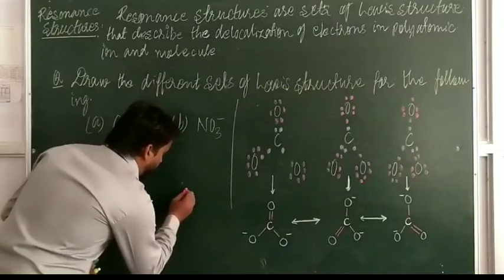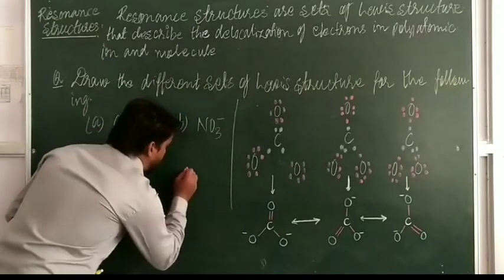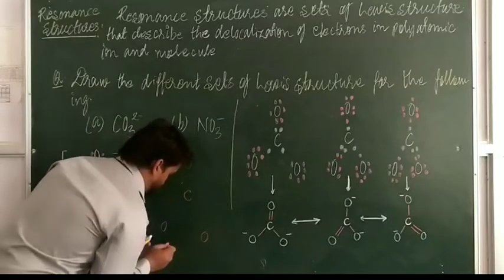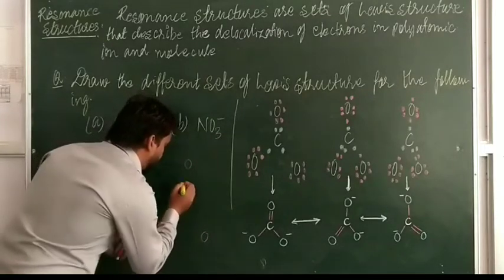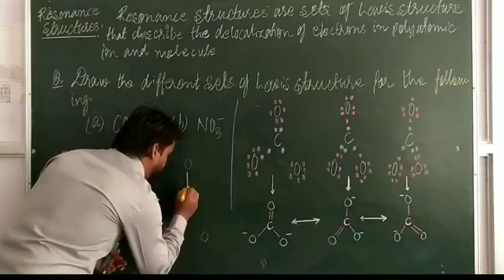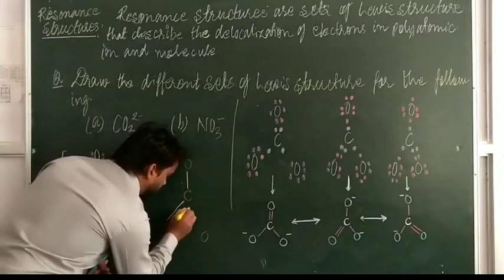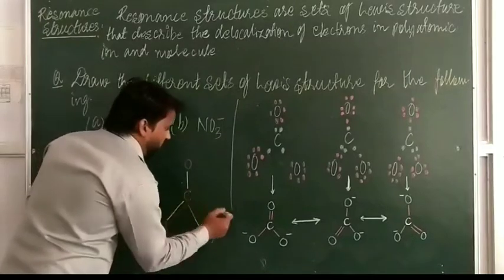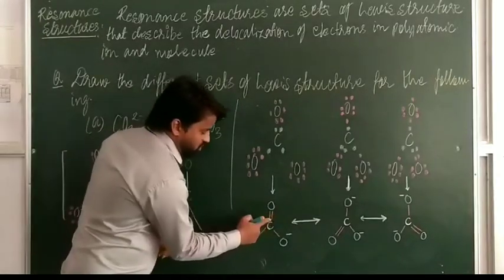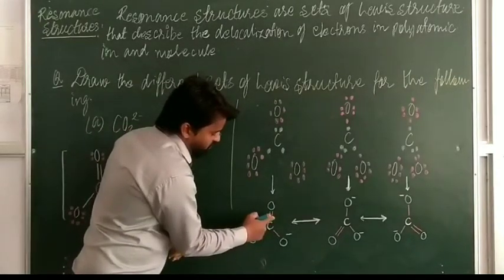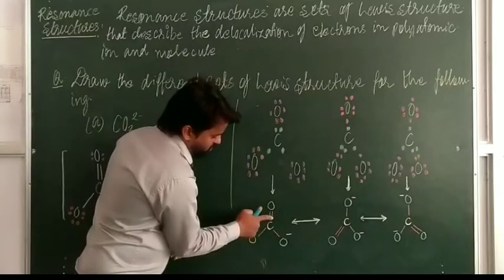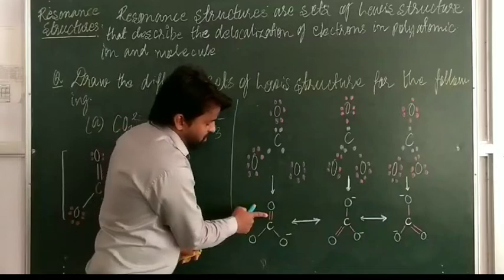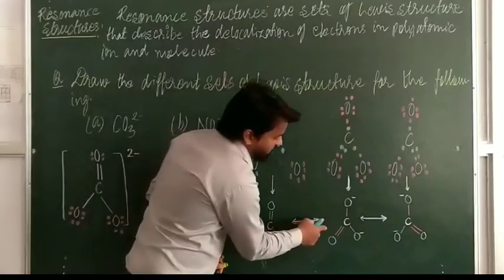So if we draw the resonance hybrid structure for this molecule, what will it be? This is the carbon, and these are the oxygens. Each carbon and oxygen has a fixed single covalent bond, while the delocalization of electrons forms the pi bond. In this bond there is delocalization of electrons, from this to this and this to this.